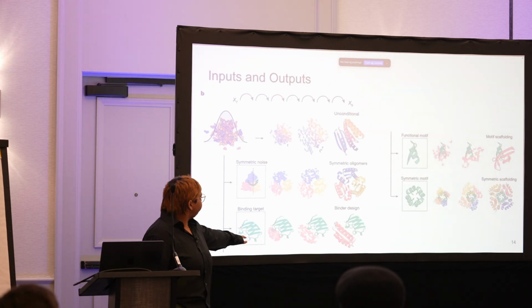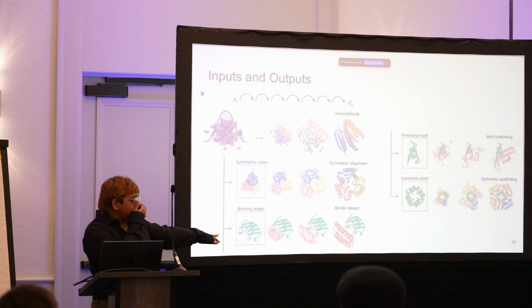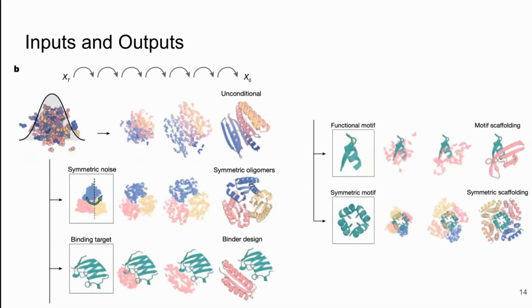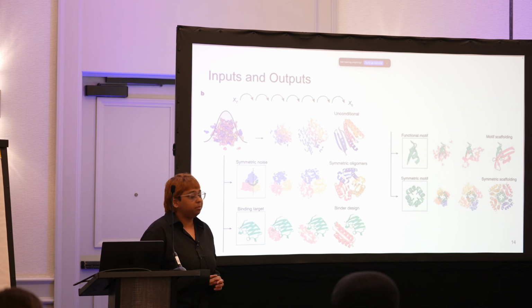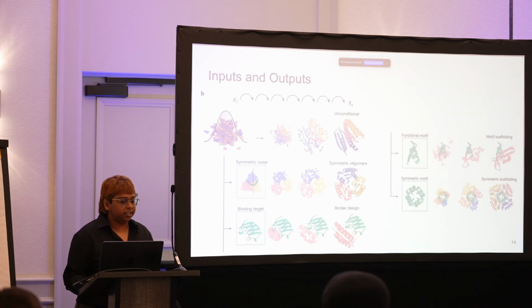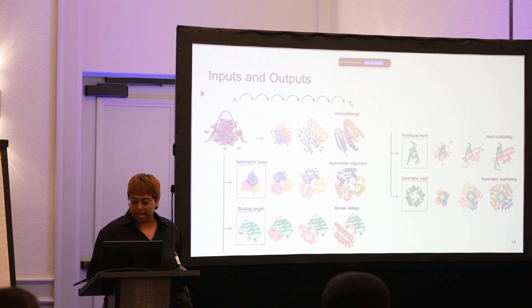And similarly for binding targets, functional motifs, and symmetric motifs, you can give it these fixed positions as well as the noise and ask it to denoise around the fixed positions. And that's how we have been able to extend it to all of these different applications.